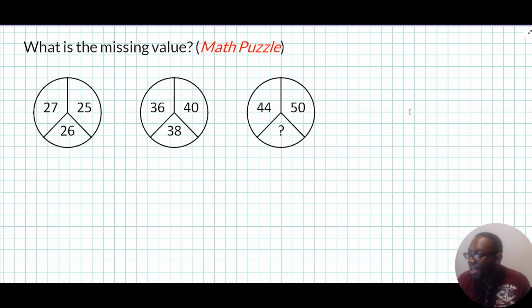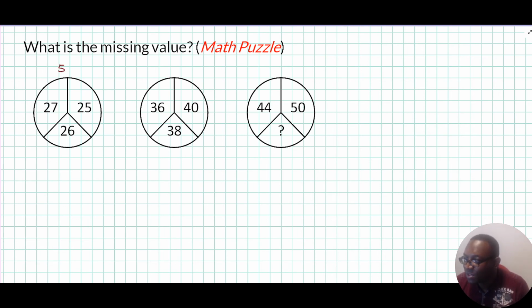Okay. All right, so let's see if one more person wants to attempt this puzzle, and then we can go ahead and look at it together, and then we'll go to the next one. The next one is very interesting. All right, since I'm not getting any other responses, the trick on this one is we're going to add 27 and 25.